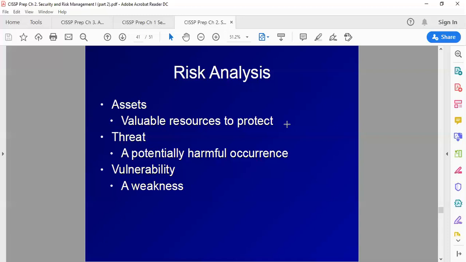If the risk is available, there is a vulnerability, a weakness. But what is the impact on the company? That is why we create the business impact analysis report, because of the threats found in the company.